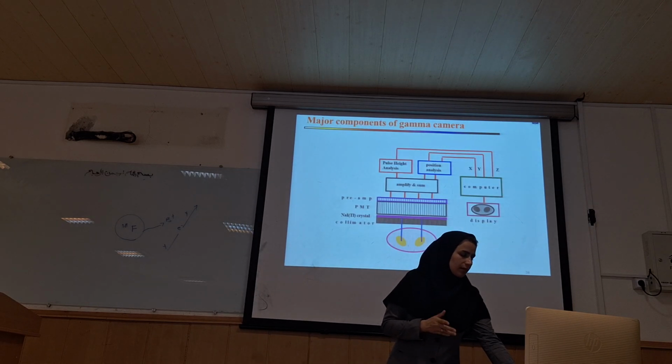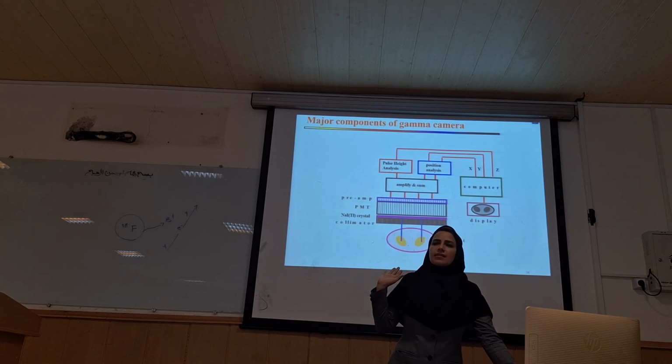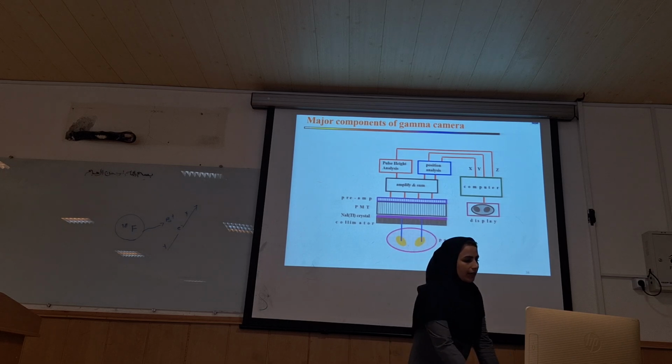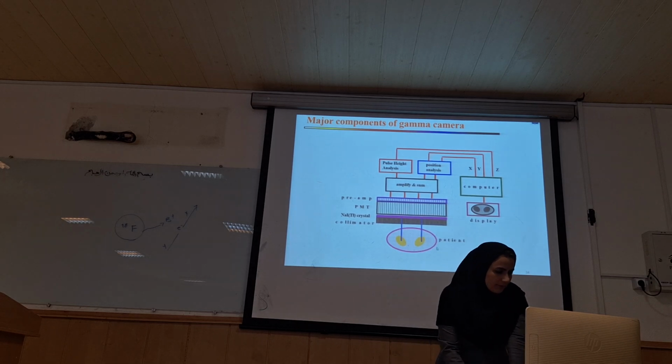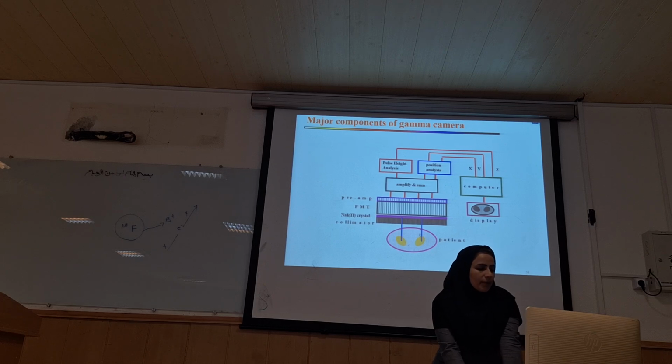This is all of the process of the body, and the PET aspects are against this. They generate the image. Again, we can review. This is my patient, and for example, this is my kidney. My radioactive material is absorbed by the kidney and emits photons. The collimator just allows the perpendicular photons.